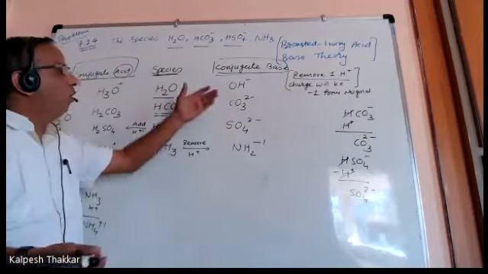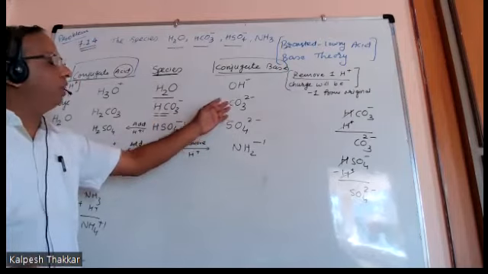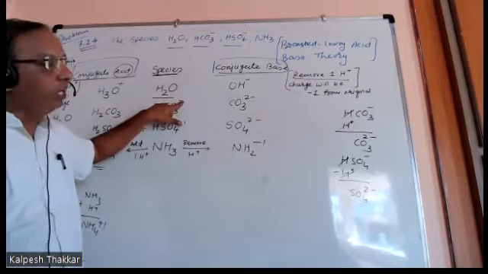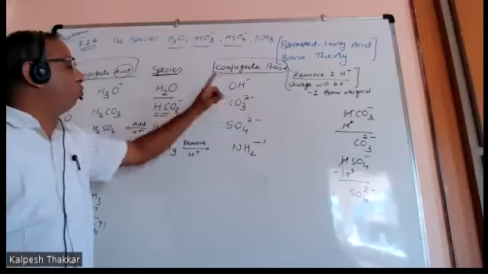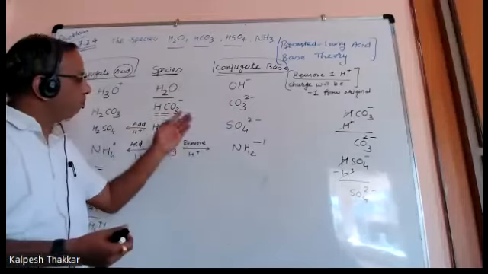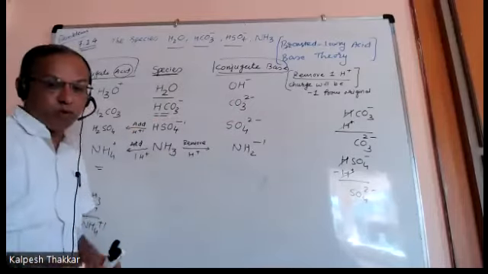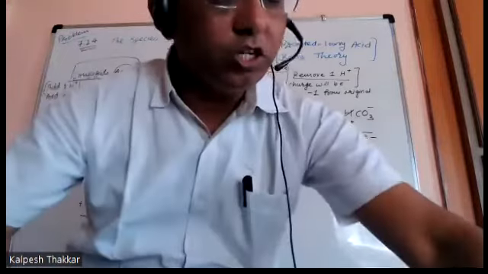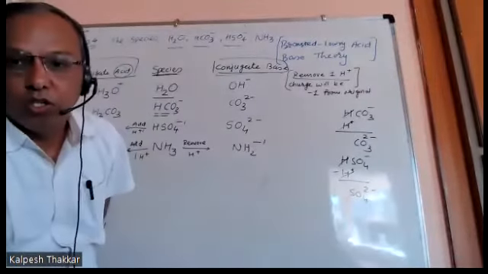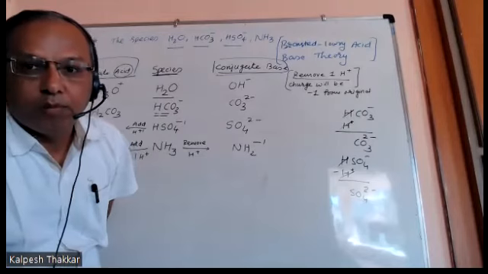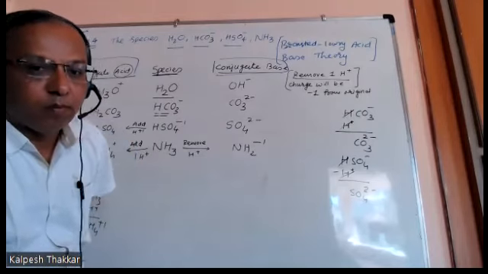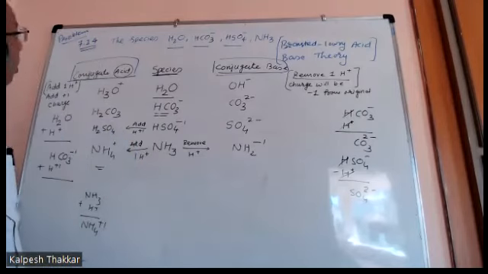Answers are OH minus of H2O, CO3 2 minus, since the minus 1 charge was already there and minus 1 more gives minus 2. Similarly, SO4 2 minus and so on. Right, friends? So this is all about problem number 7.14.